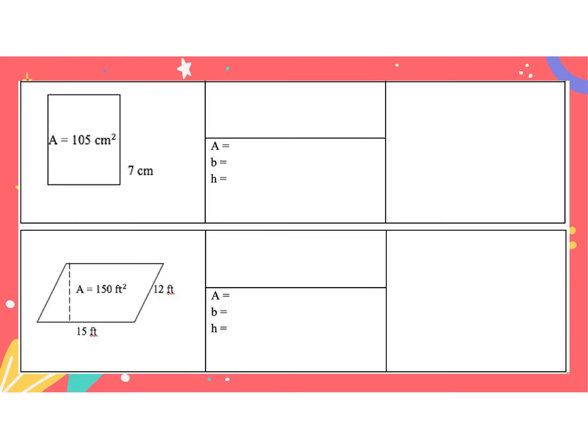Next, we see a rectangle, and we're given the area, 105 centimeters squared. And we're also given the height, 7 centimeters.